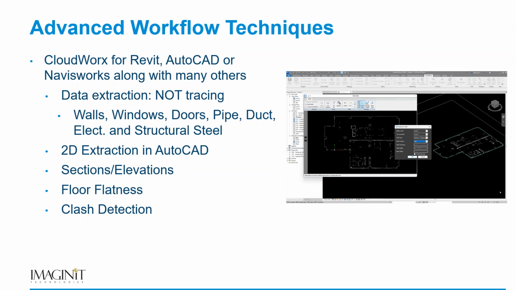Creating sections and elevations utilizing the point cloud. Both in Revit and in AutoCAD, BricsCAD, etc., we are able to change the point cloud views, and we're able to create those pretty fast.